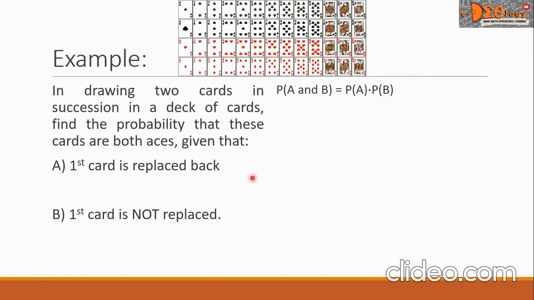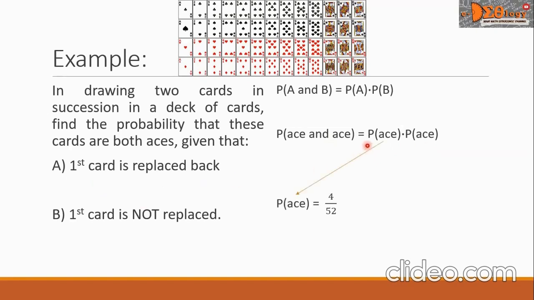Let us begin by solving problem A. We may write here the P of ace and ace equals P of ace times P of ace. But in letter A, the first card is replaced back after drawing.